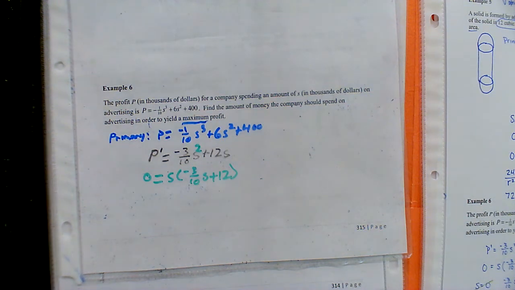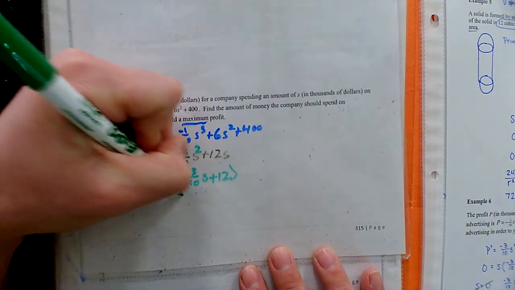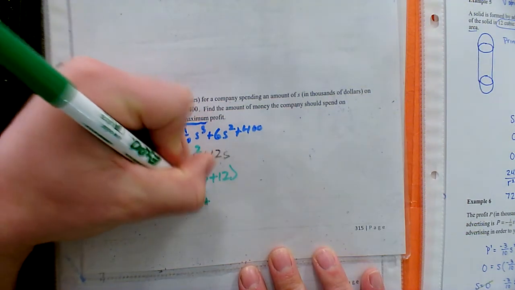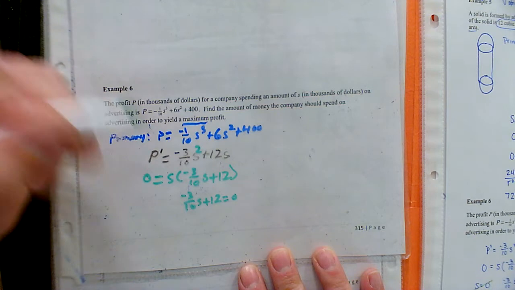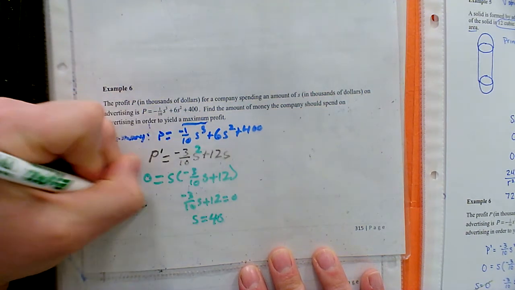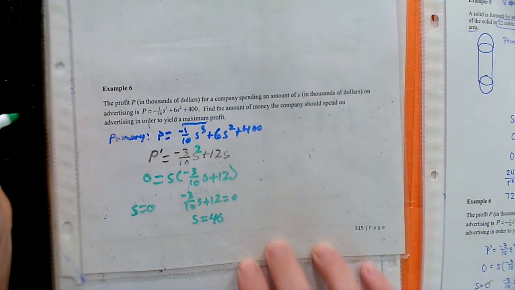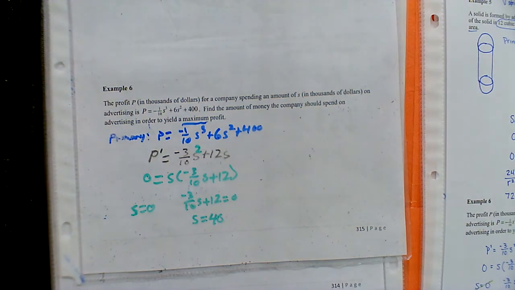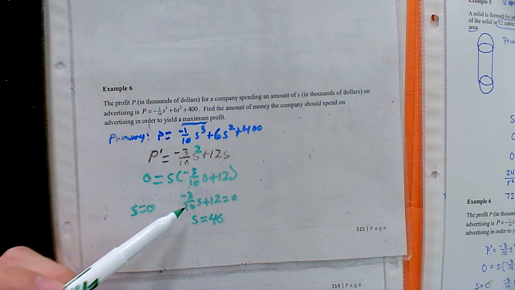Alright, so now we want to go ahead and solve it and try to find out our values or critical points of what S could be. So go ahead and set both parts equal to 0 and solve for S. So if you're having trouble reading that after solving, you may have had a few more steps.